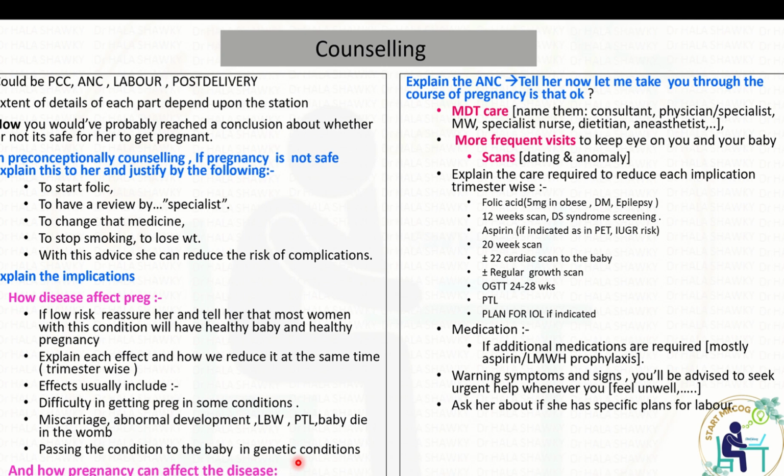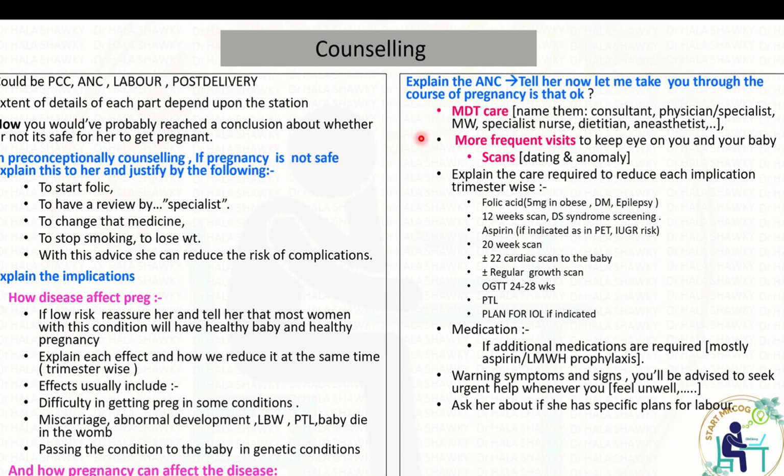When the patient discovers that she is pregnant, the main concern of the patient is usually how the pregnancy can affect her kidney or her heart. Some women, if they discover that their heart is going to deteriorate, may request termination. That's why the effect of the pregnancy on the disease in the early pregnancy module is a must to pass the station.